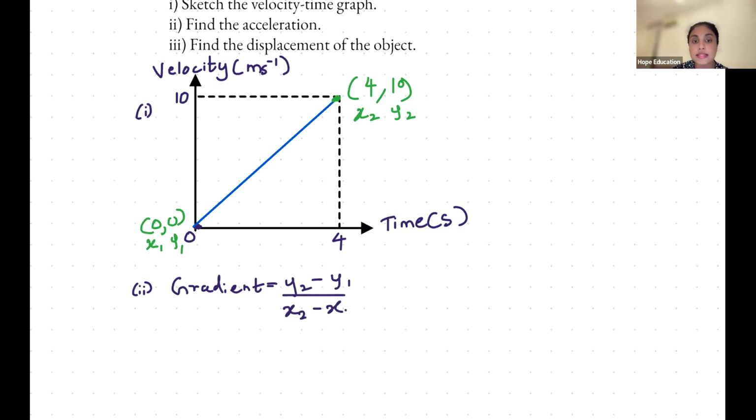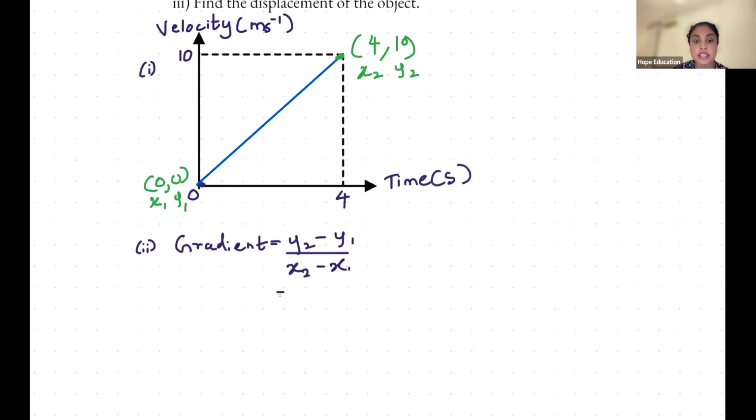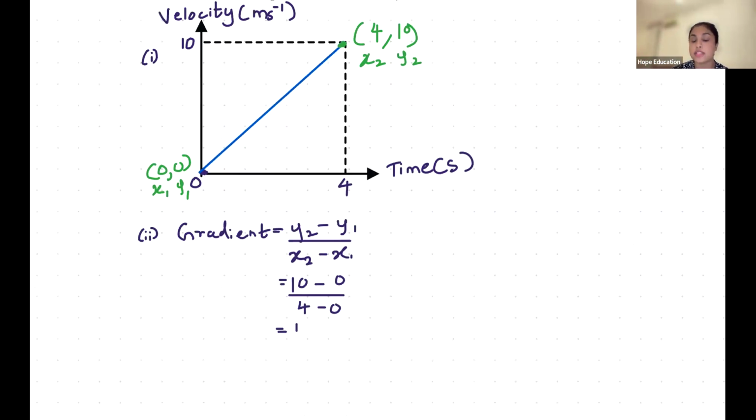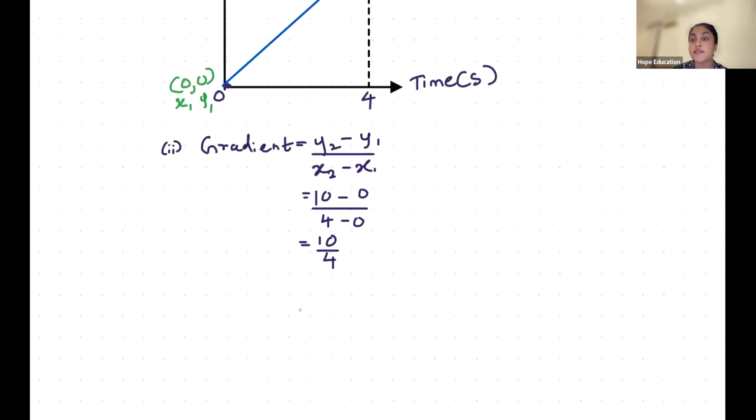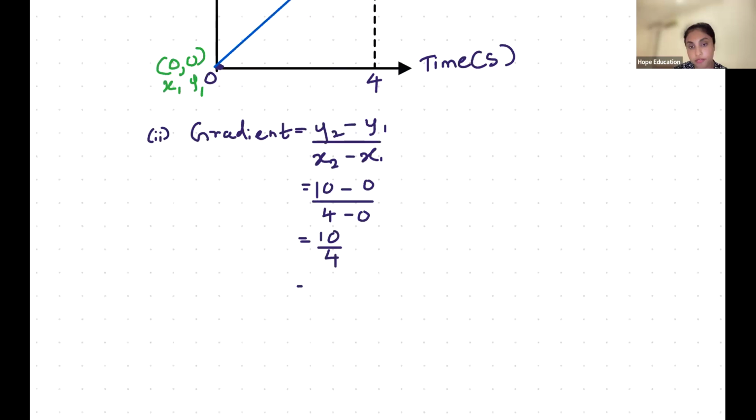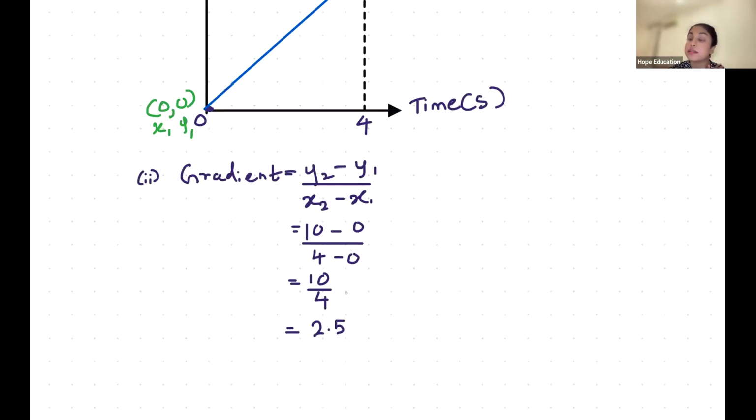So y2 is 10, y1 is 0, x2 is 4, x1 is 0. So 10 minus 0 is 10, 4 minus 0 is 4. So 10 divided by 4, you get 2.5. And now what is the acceleration of this object?